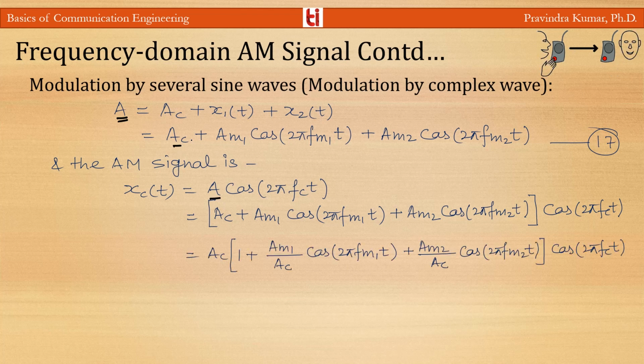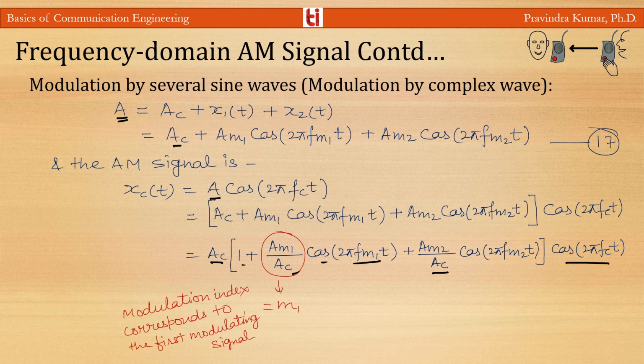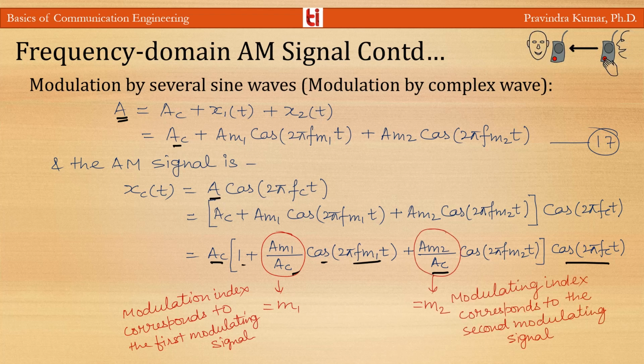And we can also write it as Ac, taking Ac outside, into 1 plus Am1 by Ac cos 2 pi fm1 t plus Am2 by Ac cos 2 pi fm2 t, times cos 2 pi fc t. And here this Am1 by Ac is m1, the modulation index corresponding to the first modulating signal, and m2 is the modulation index corresponding to the second modulating signal, and this is Am2 by Ac.